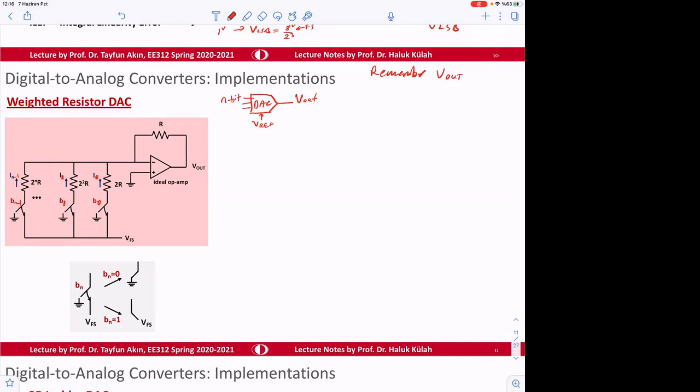So we say that V out is supposed to be ideally V full scale times, depending on the representation, A n minus 1 divided by 2, plus A n minus 2 divided by 2 to the power 2, and so on.